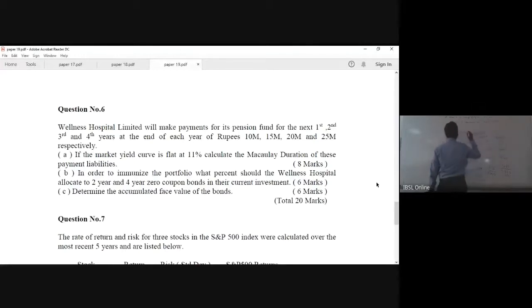So for that reason we can have 2 into alpha plus 1 minus alpha into 4. It should be equal to 2.738.